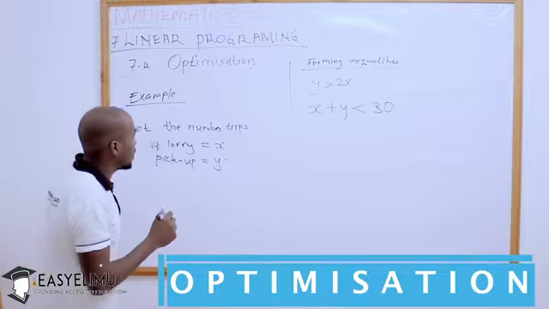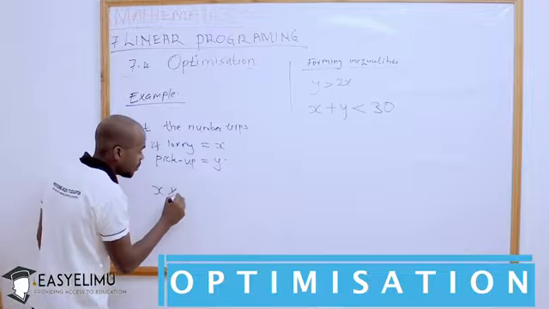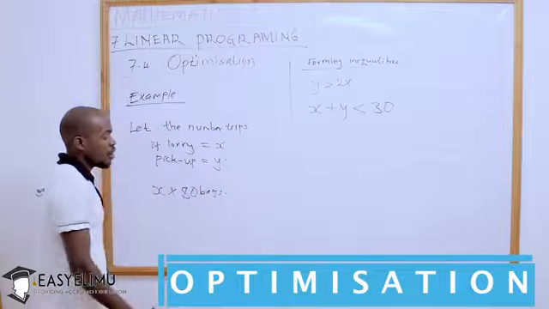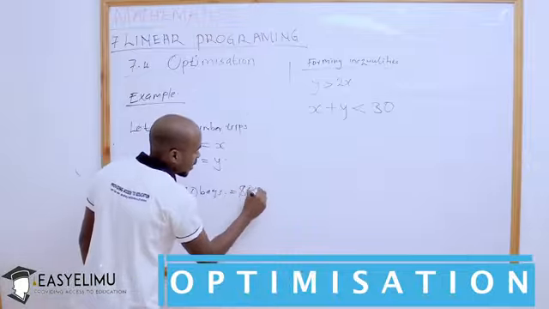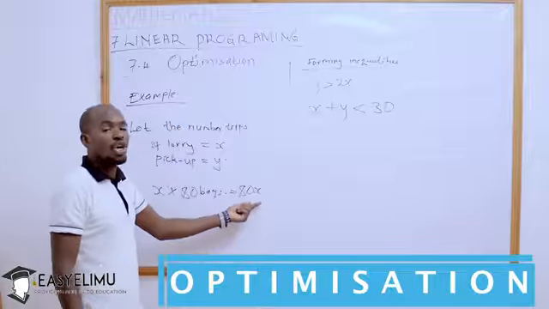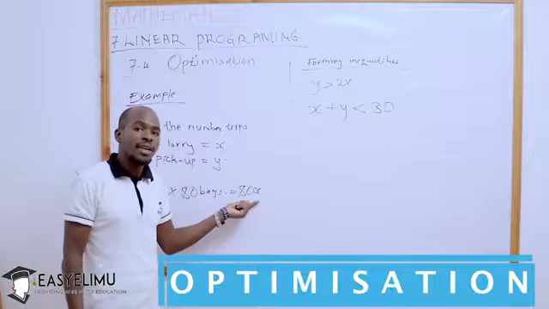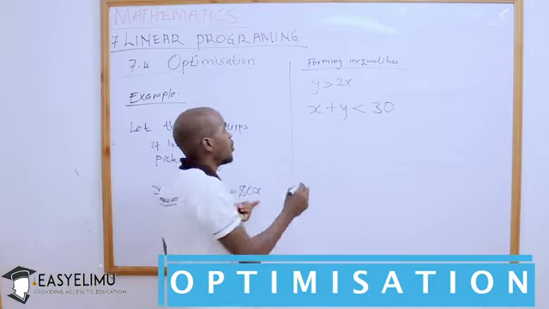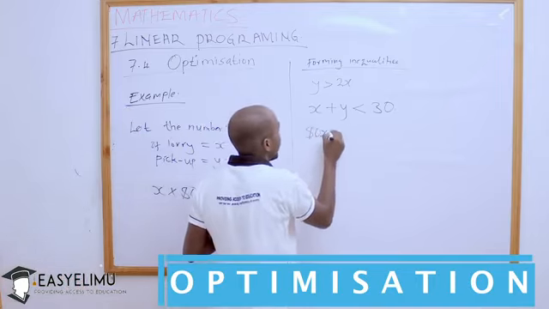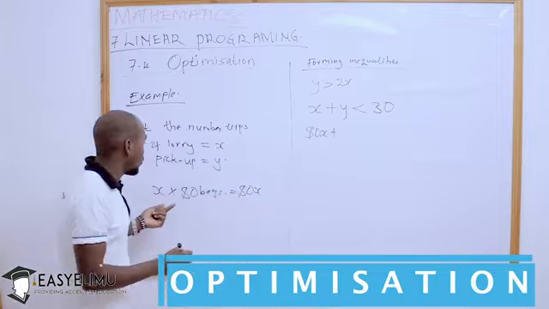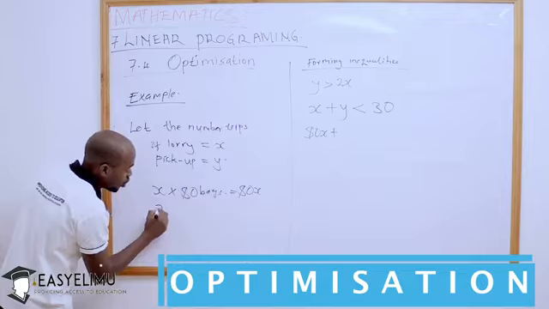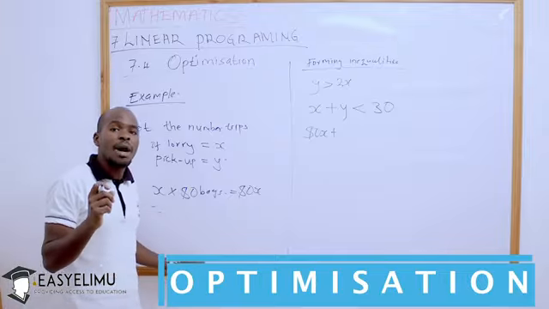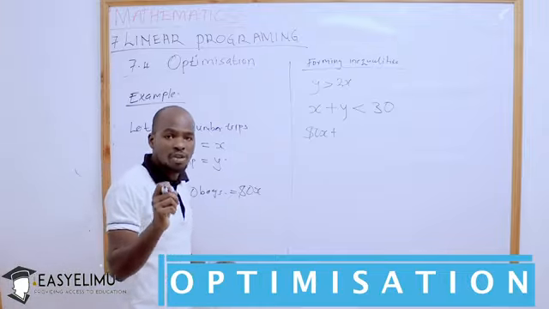For example, x multiplied by 80 bags per trip gives 80x, the total number of bags that a lorry will carry in x trips. Now for the pickup, it carries a maximum of 20 bags per trip.